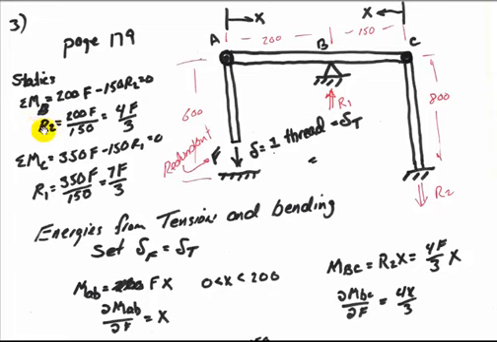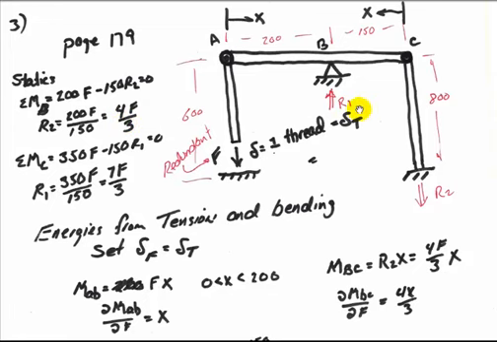To find my reaction R2, I'm going to sum moments about the pivot point, and summing moments about the pivot point, I've got F acting at a 200 and I've got R2 acting at 150. They're in opposite directions. Set that equal to 0 and solve for R2 is equal to 4F over 3.